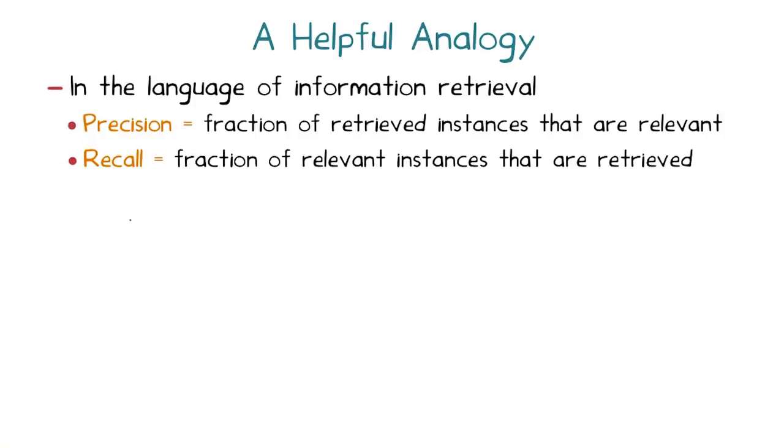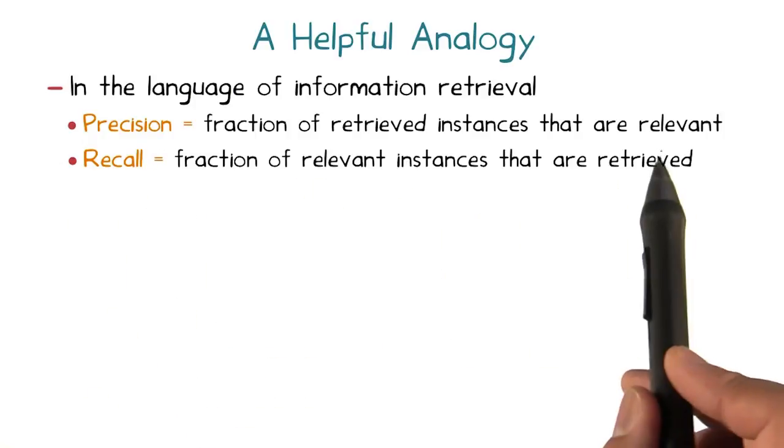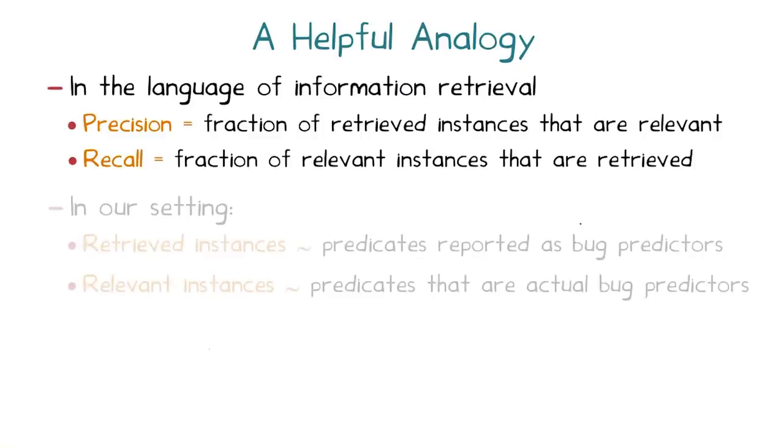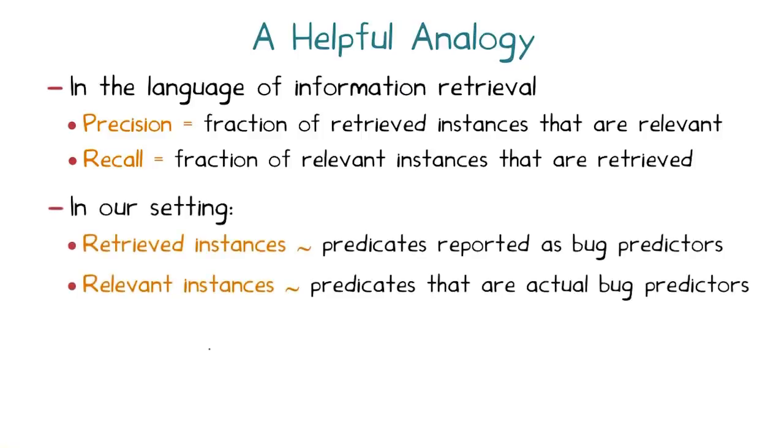Precision is the fraction of retrieved instances that are relevant, whereas recall is the fraction of relevant instances that are retrieved. Translated into our setting, retrieved instances are analogous to predicates that our algorithm reports as bug predictors, whereas relevant instances are analogous to predicates that are the actual bug predictors.